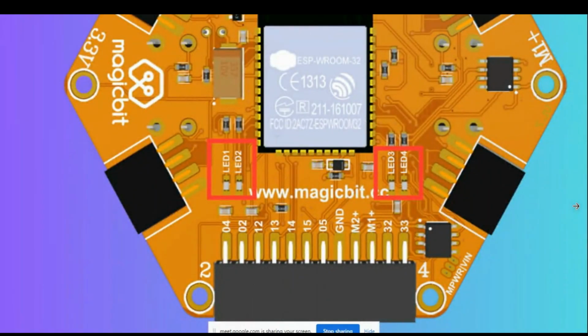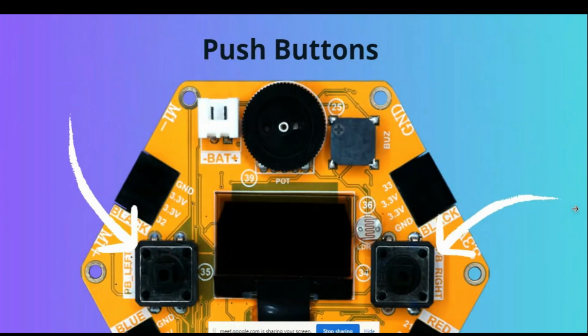Basically in our activity, we are going to control the onboard LEDs in the Magicbit, which are on the back side of the Magicbit, just like I have marked here. We are going to control these LEDs using the two push buttons in the Magicbit. On the front side, on either side of the display, you can see there are two push buttons.